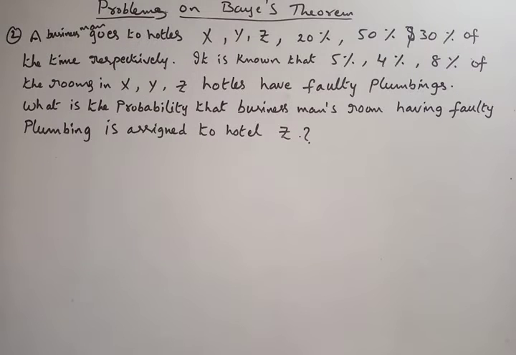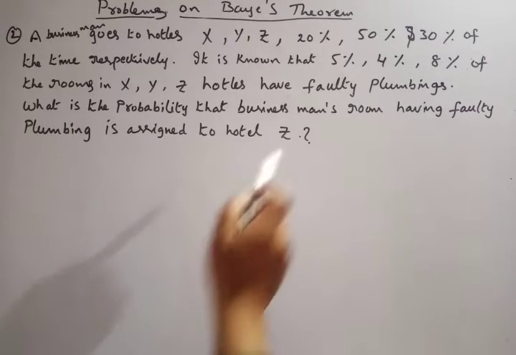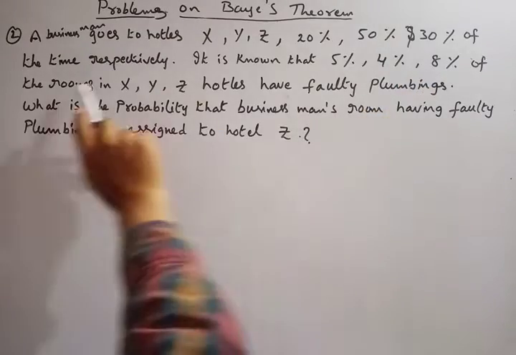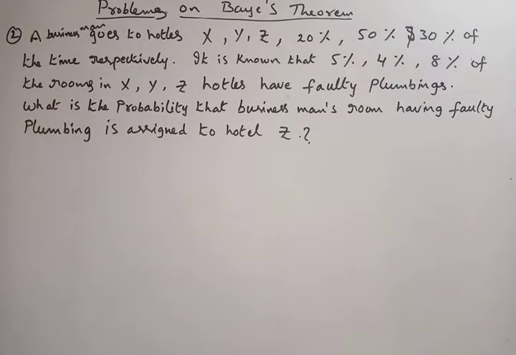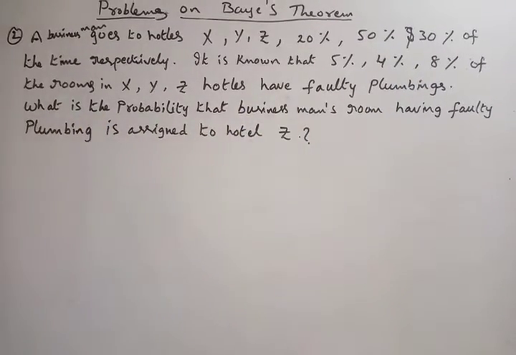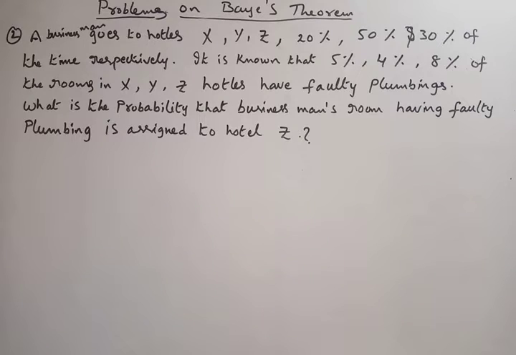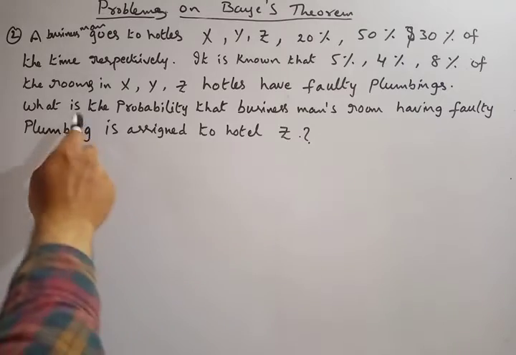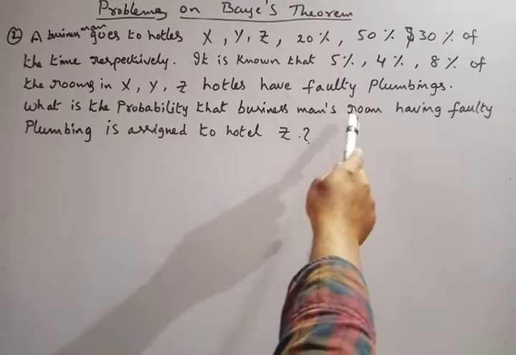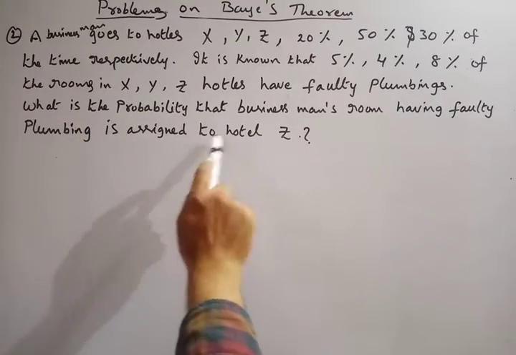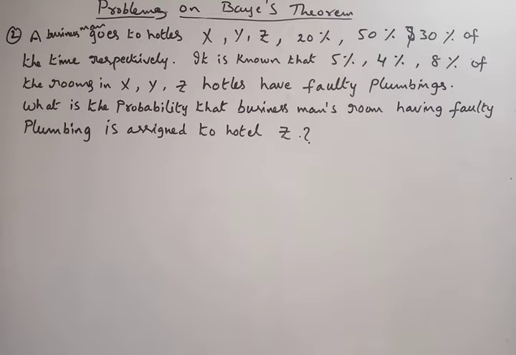It is known that 5%, 4%, 8% of the rooms in X, Y, Z hotels have faulty plumbing. Rooms are having faulty plumbing. So now what is asking here? What is the probability that the businessman's room having faulty plumbing is assigned to hotel Z?